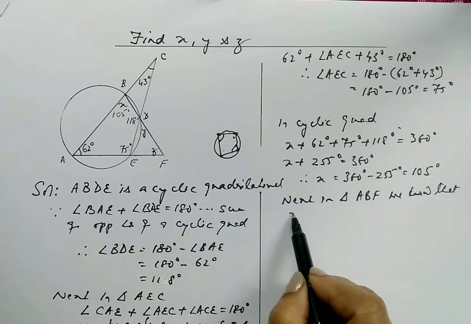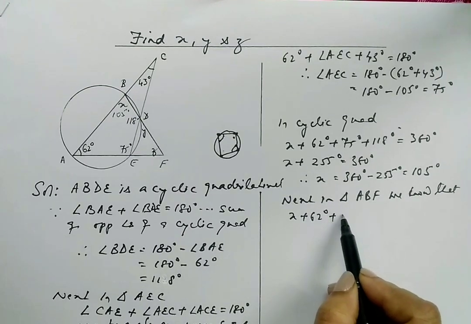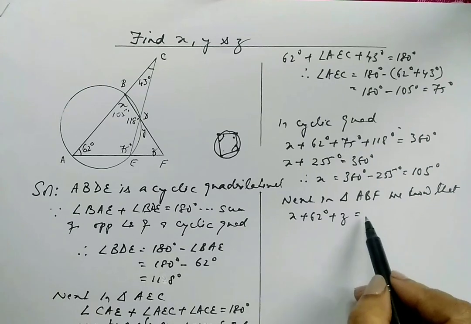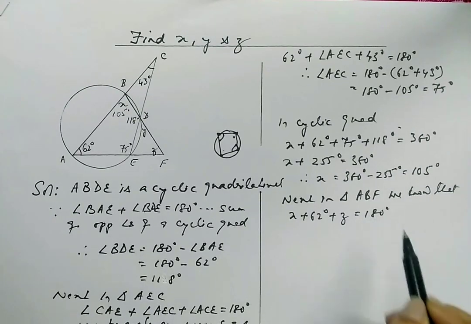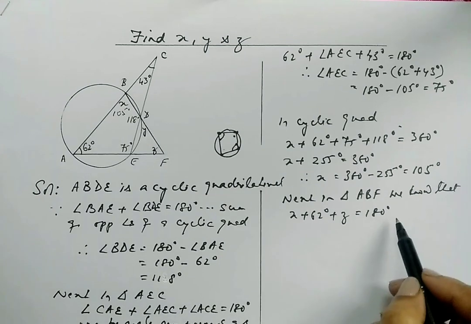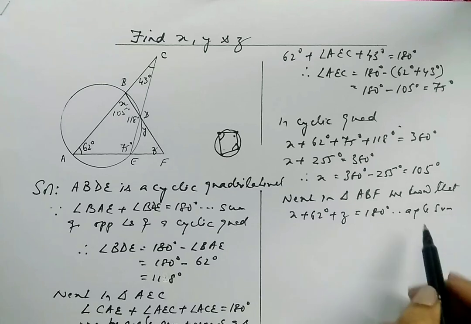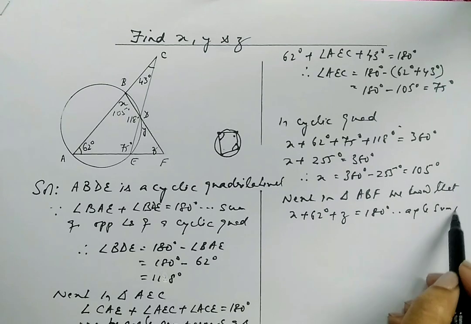Angle X plus 62 degrees plus Z is equal to 180 degrees, by the angle sum property.